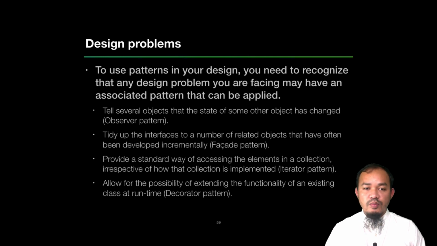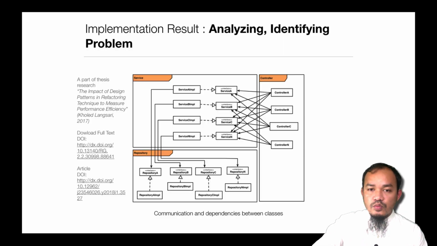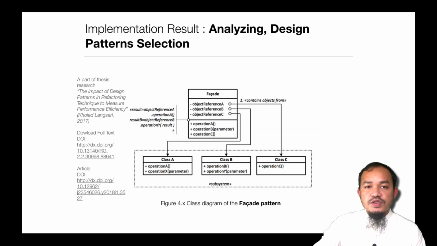Okay, if you face this problem, there will be many interfaces from different controllers to the services, right? They are using many connections like this. So it is better to use the facade design pattern, right?